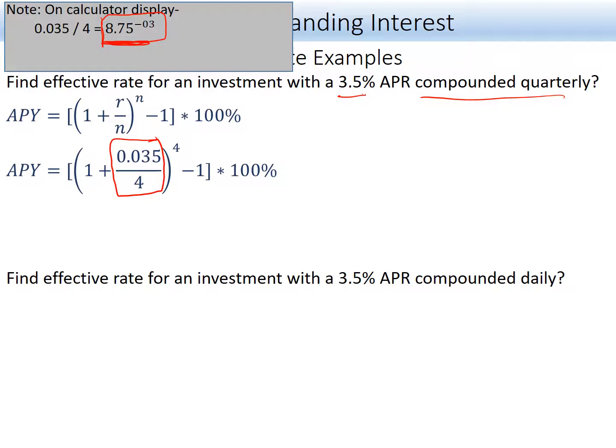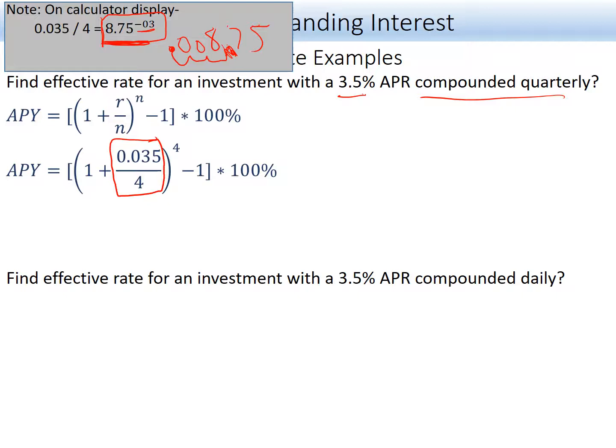That's the calculator's attempt at scientific notation, and all it means is that you take the 8.75, and because this is a -3, you move the decimal place 3 places to the left. 1, 2, 3. That means you've got to add 2 zeros, and so you actually get 0.00875. If it were a +3, you'd move it to the right.